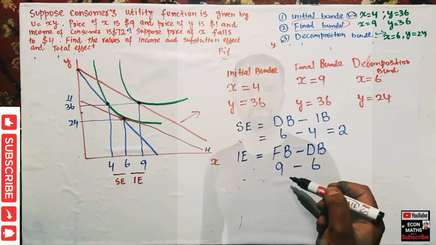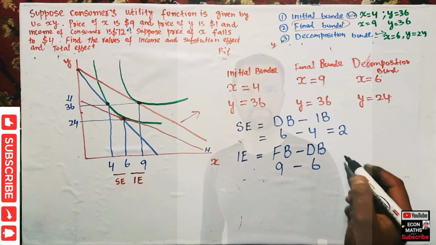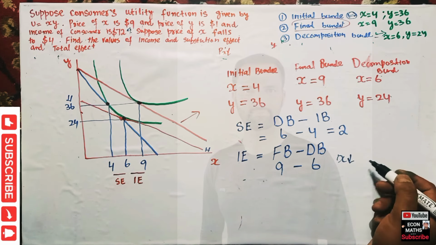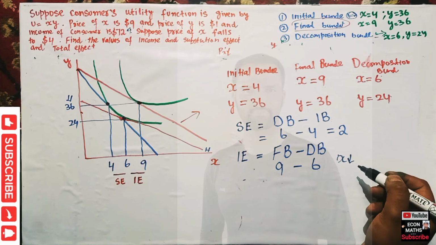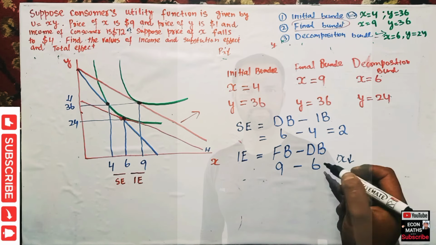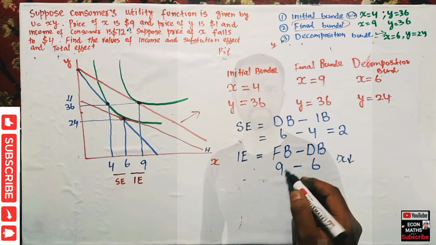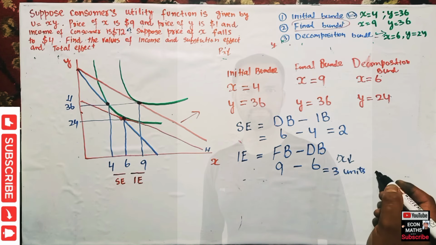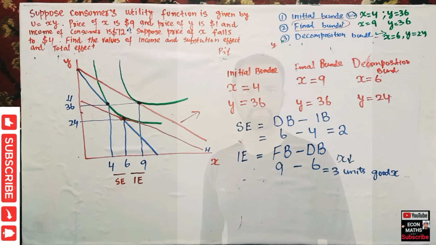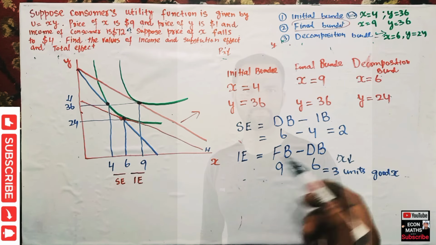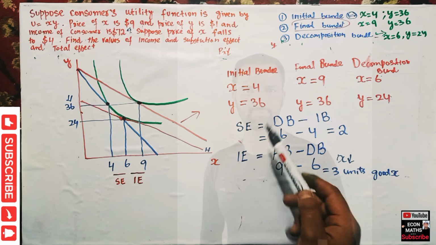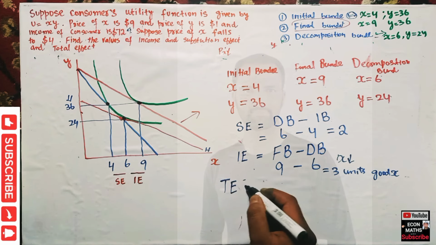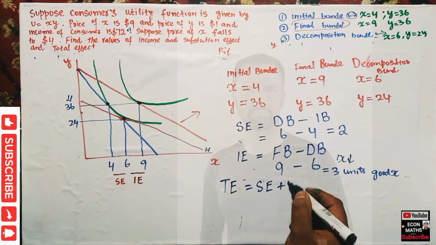When the price of good X falls, the consumer feels wealthier, because his real income has changed, and he buys 3 more units of good X. I hope I make myself clear here. We just decomposed the substitution effect and income effect. So the price effect or total effect is equal to the substitution effect plus the income effect.